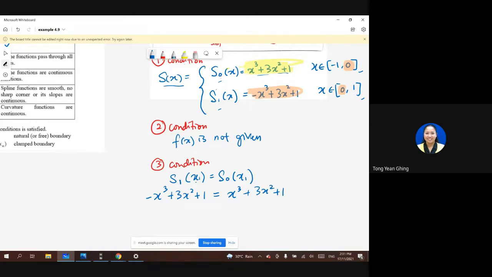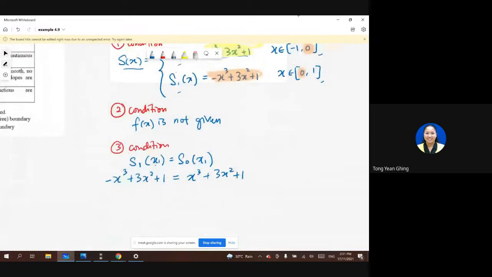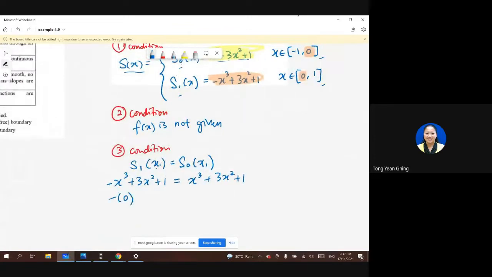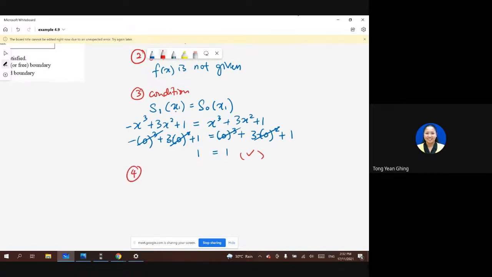So x1 kat sini kan, x1 is 0 yang saya cakap tadi. So that means saya gantikan, I substitute the value of x1. 0, 0, 1 equal to 0, 0, 1. Okay, so okay lah, ini okay. Yang ni dah okay. So the third condition, the fourth condition, sorry.